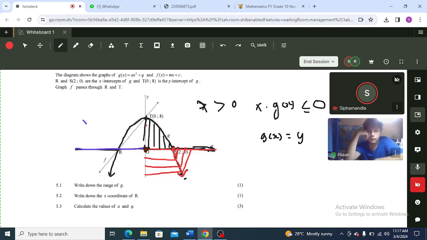And then if you also come to this point over here, we can see that we have the positive x-axis and the negative x-axis.